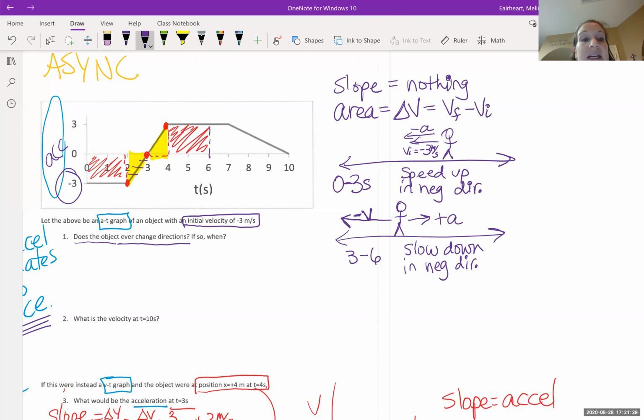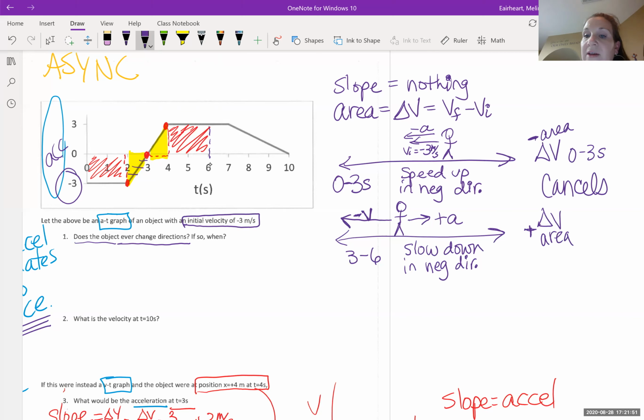And so what that means is that the change in velocity, the area, remember, between 0 and 3 seconds is a negative something. It cancels the change in velocity, or so I'm going to say negative area and positive area between 3 to 6 seconds. And so I don't need to calculate those. I know they're going to end up canceling out.